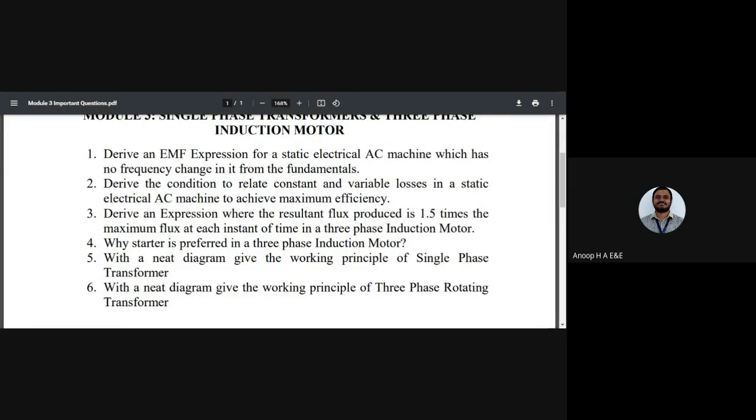Here we are going to have a transformer, and there is no change in frequency. So in this EMF expression, we are not having any change in the value of the frequency, if you can recall.